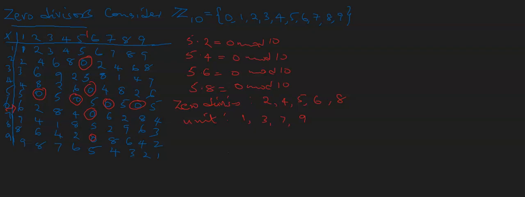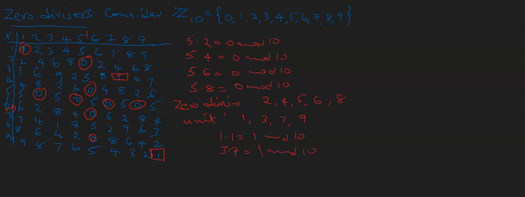Note that 1 by 1 is 1. 3 by 7 is also 1. And 9 and 9 is also 1. In other words, we can have 1 by 1 is 1 modulo 10. 3 and 7 is the same as 1 mod 10.